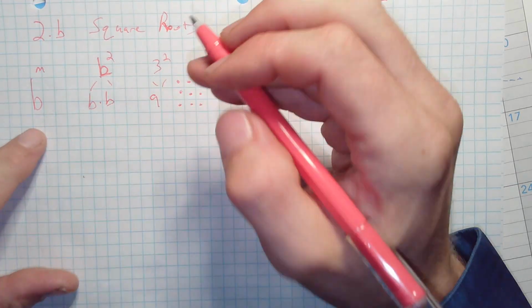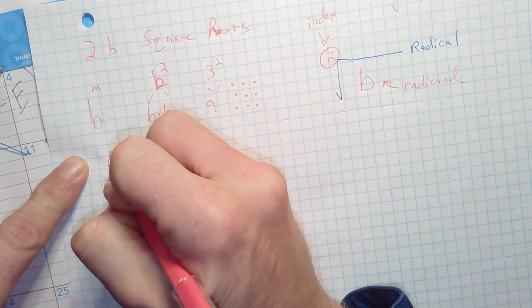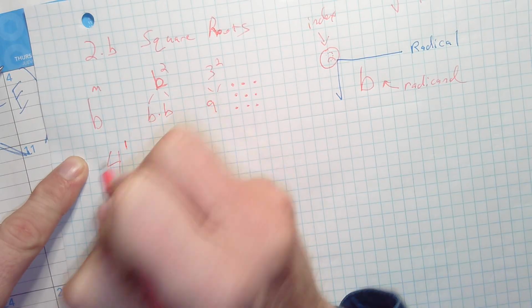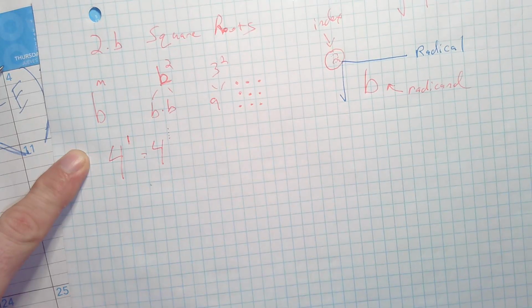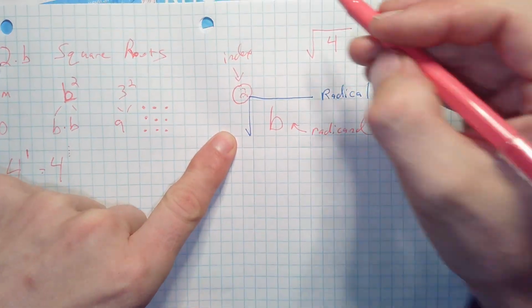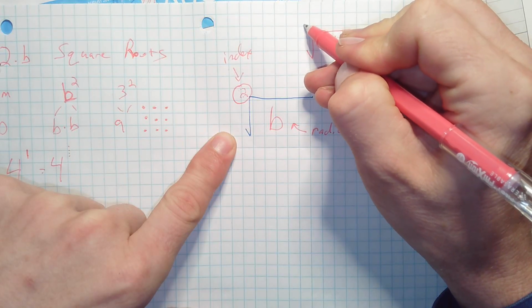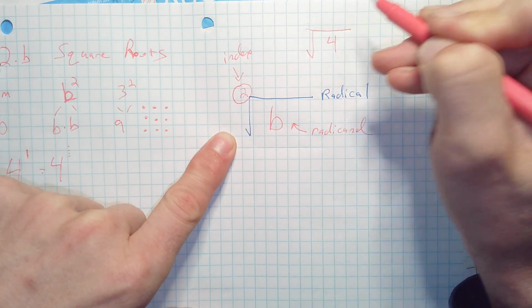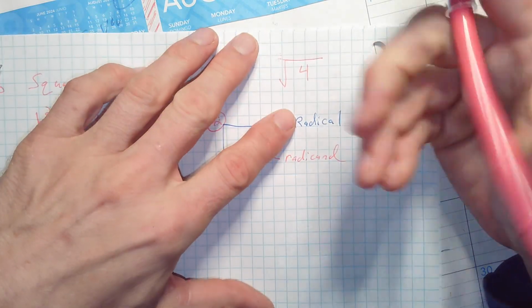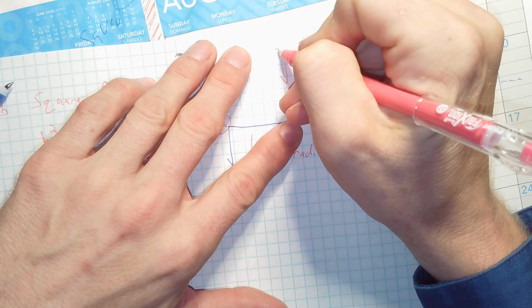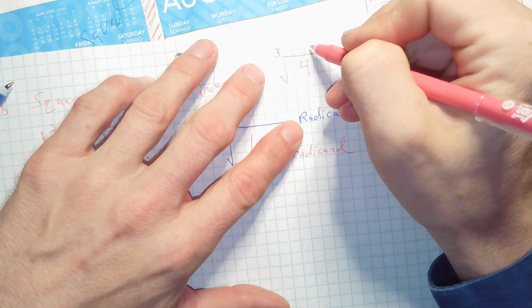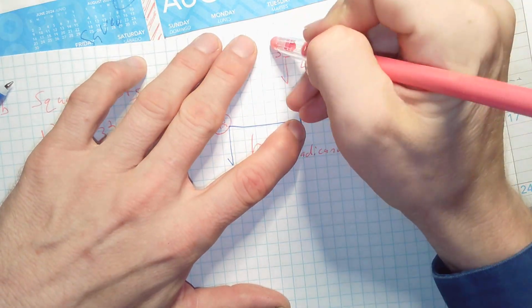All right, so similar to yesterday, if it was 4 to the first, this is just 4, and there's an invisible 1. This is kind of like if we have a square root. This is the square root of 4, and the index is 2. You will in the future see things where this is a radical with an index of 3, and we're going to talk about that in the future.